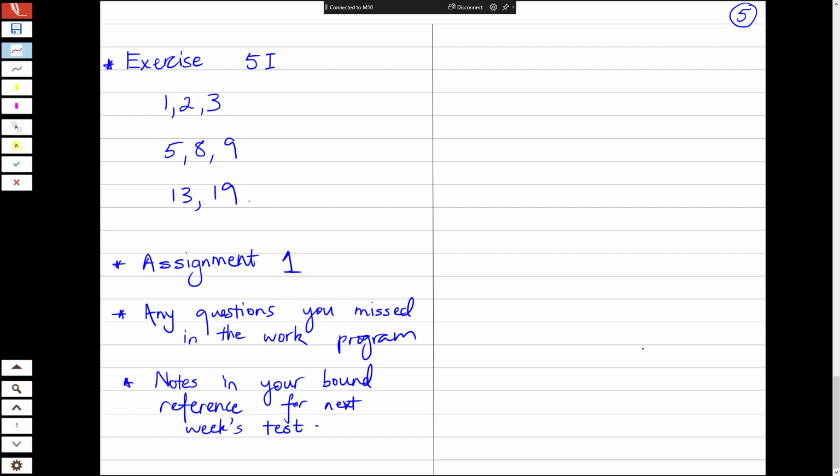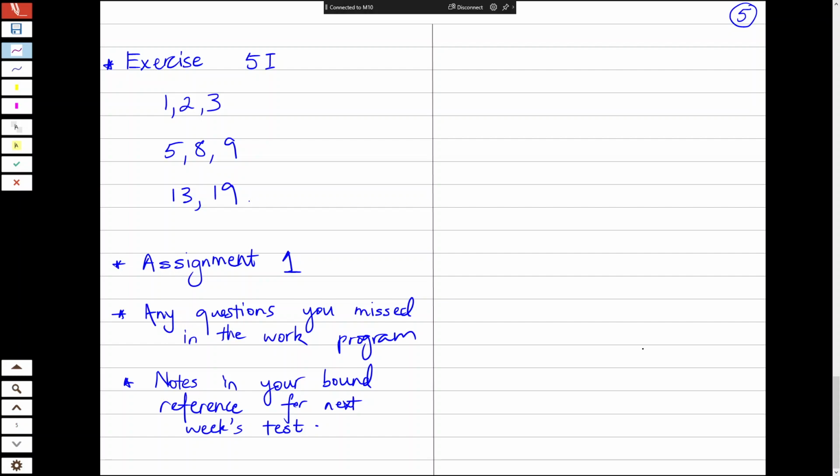Once you're happy with 5i or today's class, then you can continue working on assignment 1, which is due next Tuesday. Some of you have almost finished it. If you've done that, then you can go back to your work program. And finally, if you want to take notes into your test in your bound reference, you can also write those as well. So there's plenty to do today.